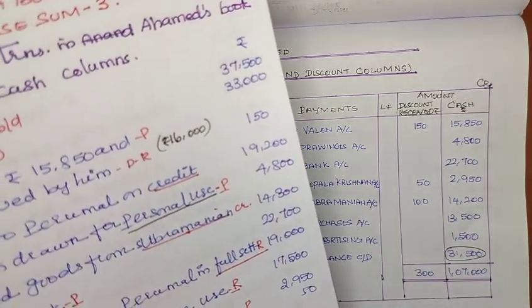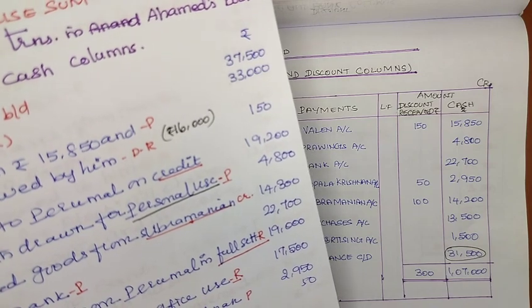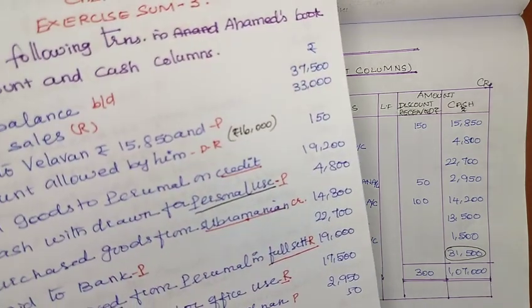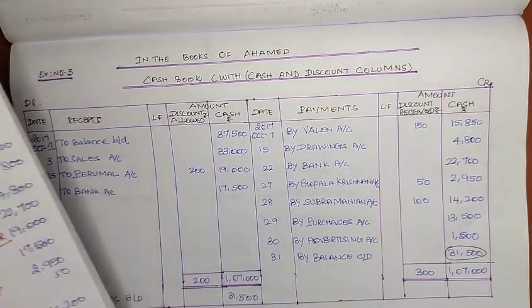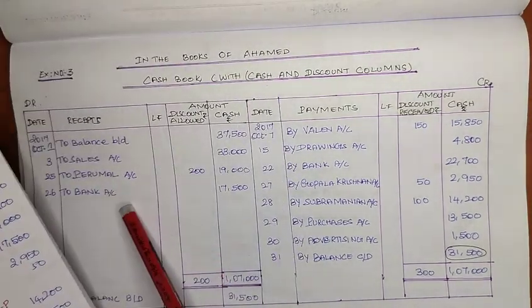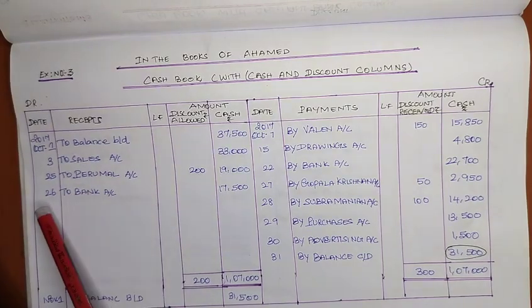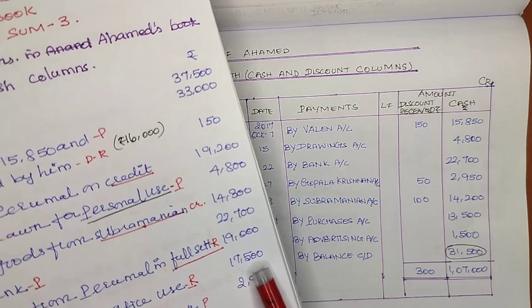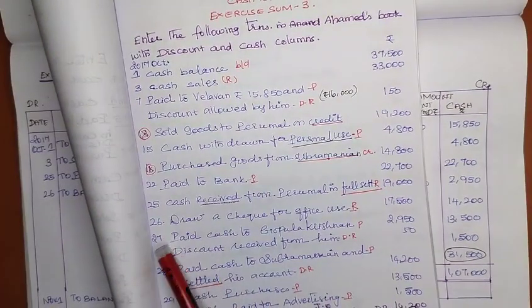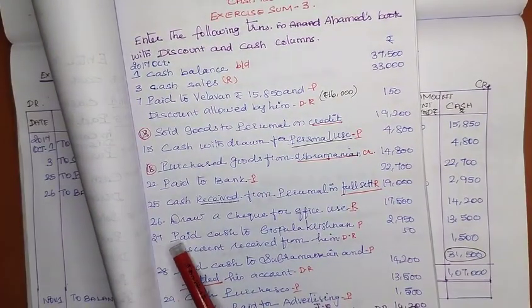Check means you have to use the term bank. This is the meaning of bank. So to bank account, because you received cash from bank. So you go to receipt side dated on 26 to bank account. How much rupees? 17,500.